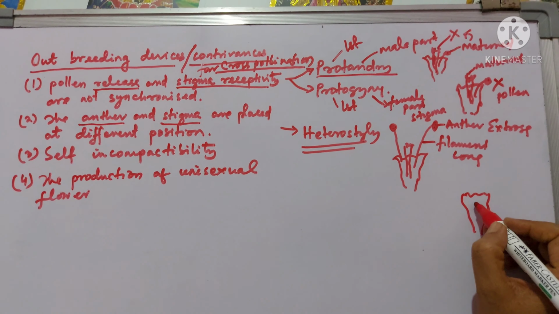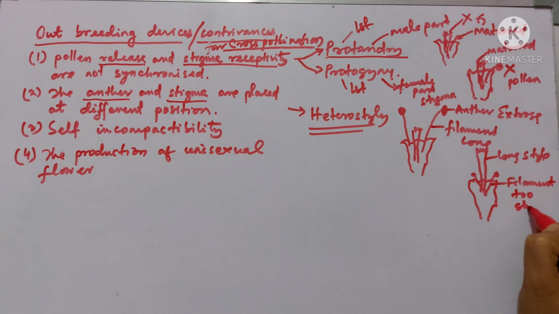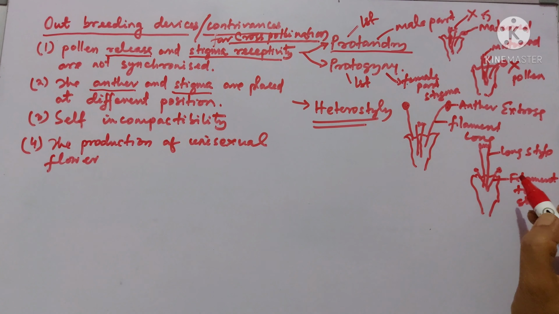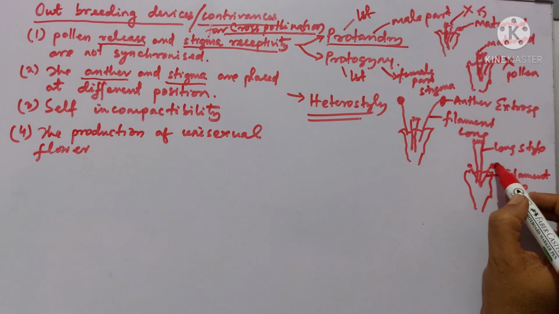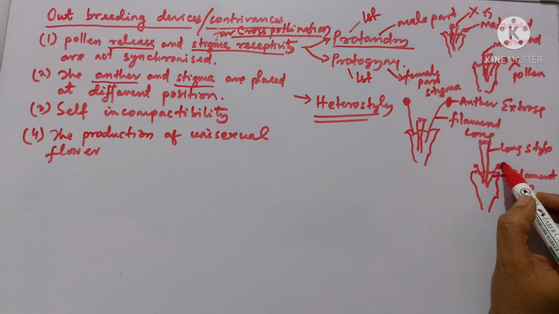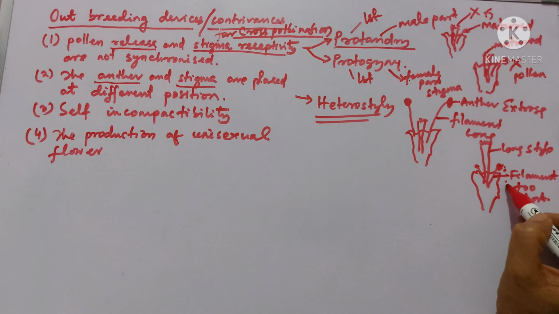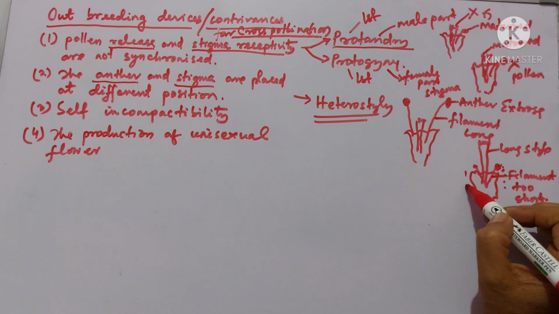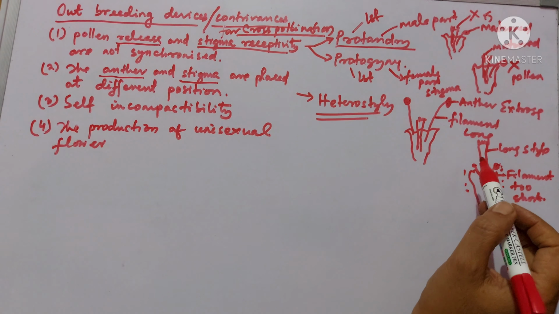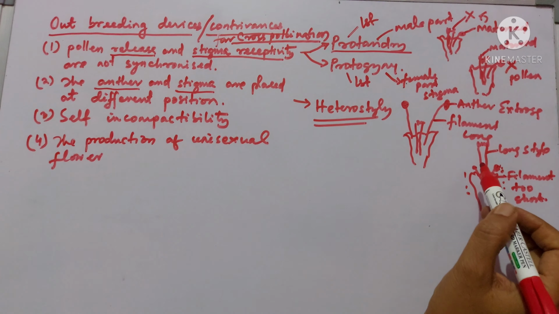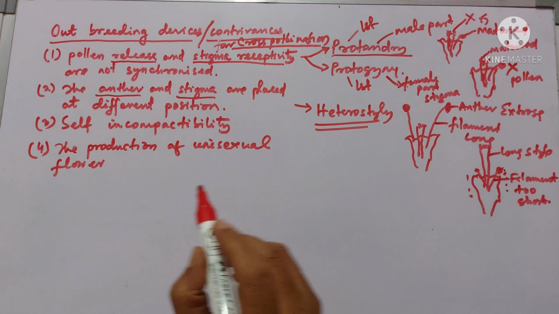The filament of the stamen is too short, so the pollen cannot go upward. When dehiscence occurs, it will fall downward. And in this way also cross pollination is favored, but self pollination is inhibited or discouraged.